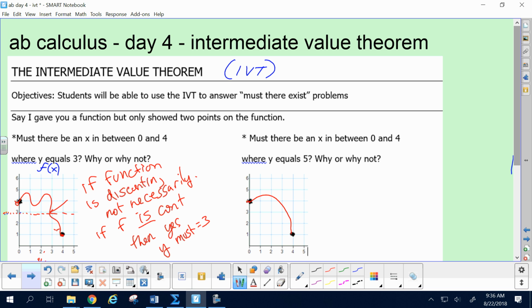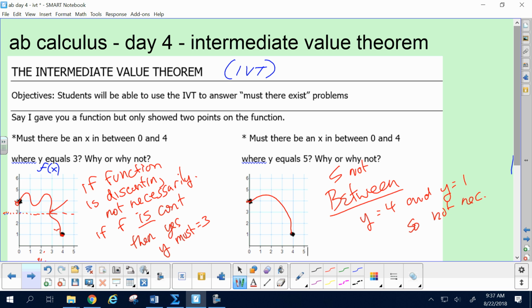This has some positive slope and negative slope. It's because 3 has to be passed through because 3 is between. Thank you. That's the word I was looking for. Between. 3 is between, but 5 isn't. 5 is not between the y values y equal 4 and y equal 1. So not necessarily.